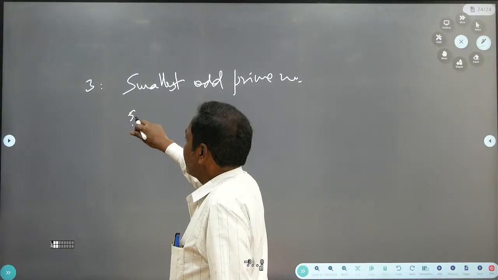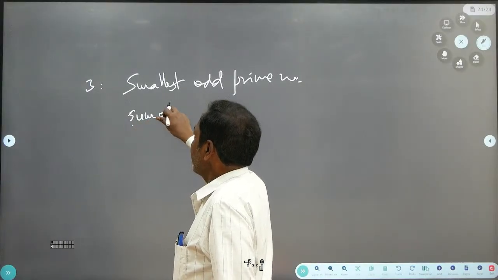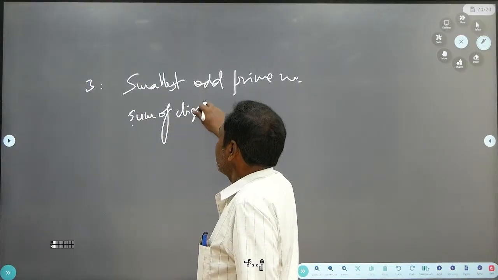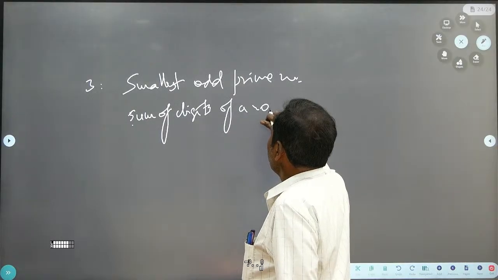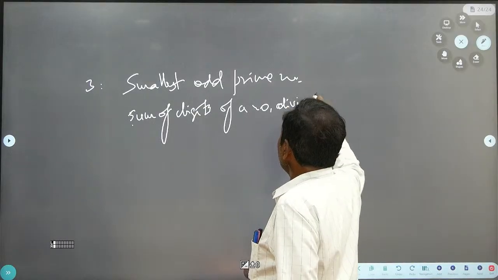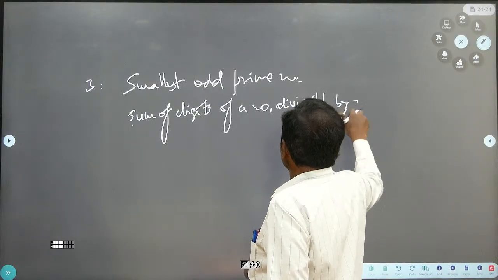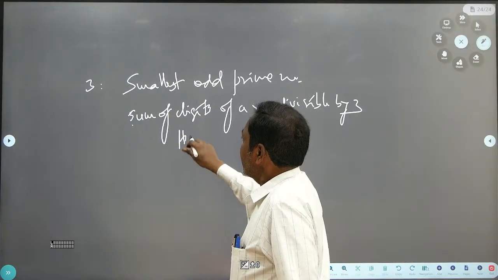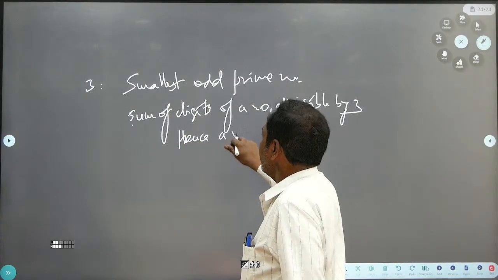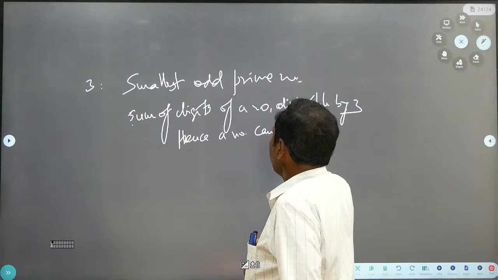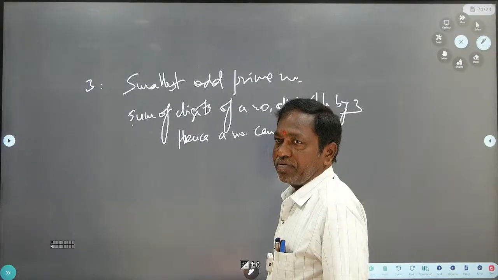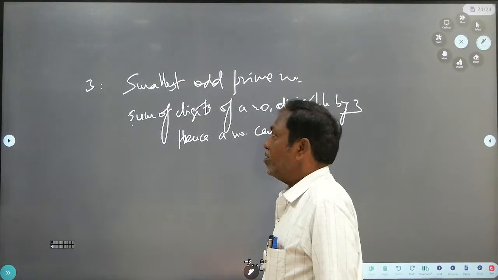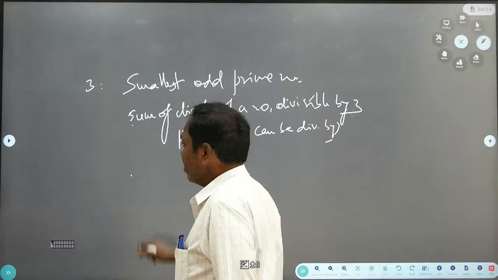The sum of digits of a number is divisible by 3, hence the number can be divisible by 3. So you should put multiple of 3, sir. Then the next line will be divisible by 3.